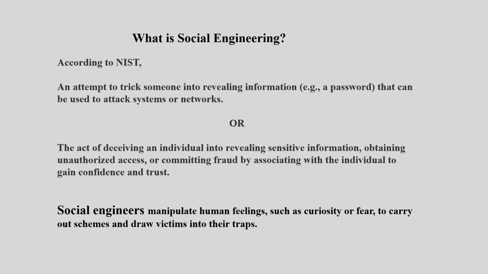So basically, social engineering is a common mechanism to take advantage of human and human nature. The person who is performing social engineering is called a social engineer. Social engineers manipulate human feelings such as curiosity or fear to carry out schemes and draw victims into their traps.